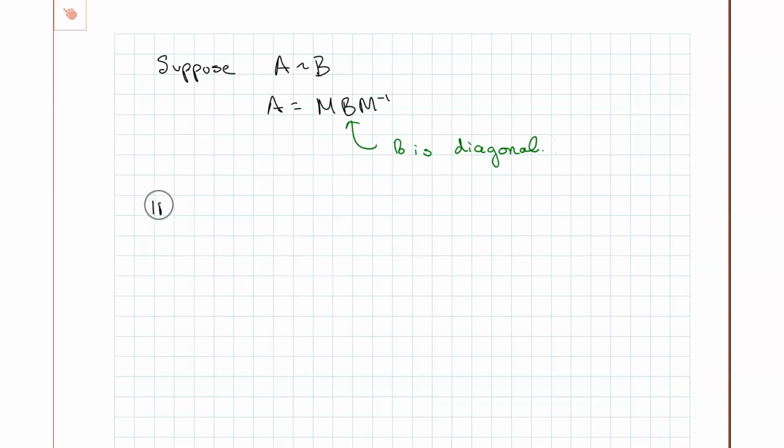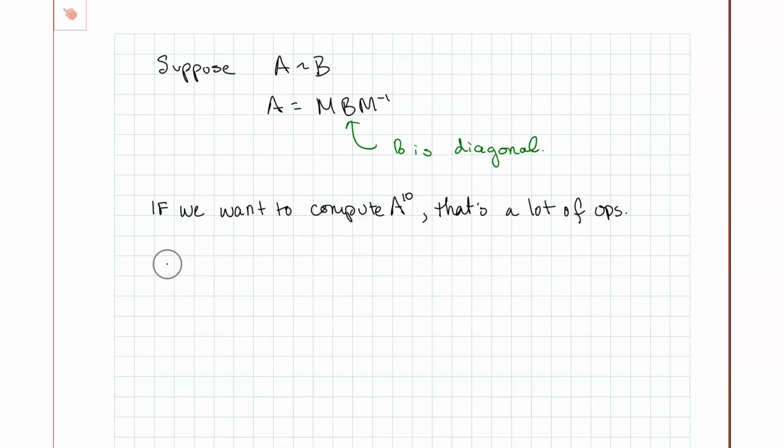Now that is a super handy thing to have if you're trying to compute powers of A. So if we want to compute, say, A to the 10th, that's going to be exhausting and computationally intensive. However, if we're able to find a similar matrix that is a diagonal matrix, then computing A to the 10th is actually pretty easy.